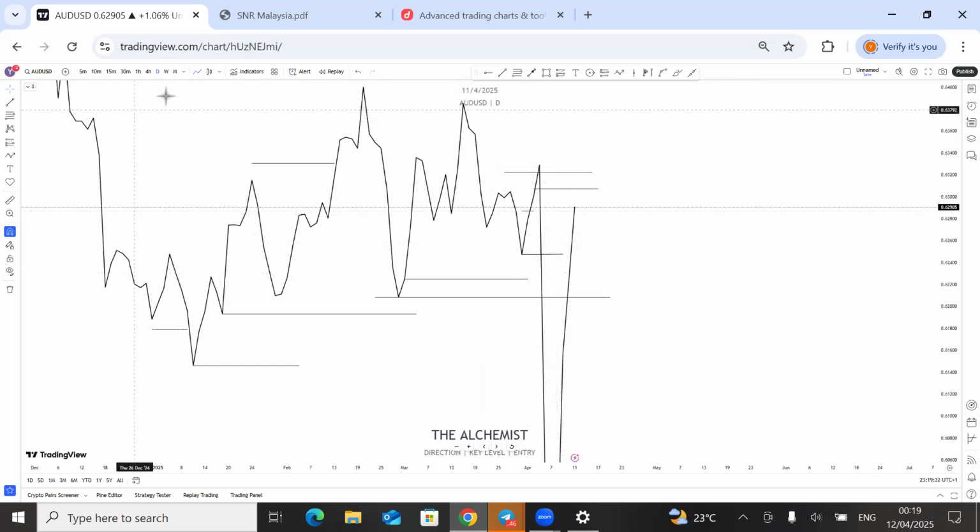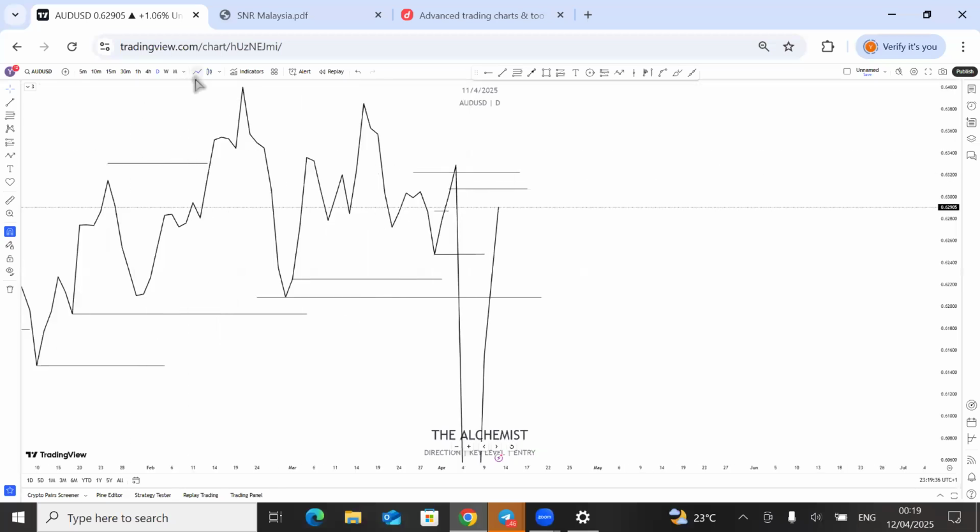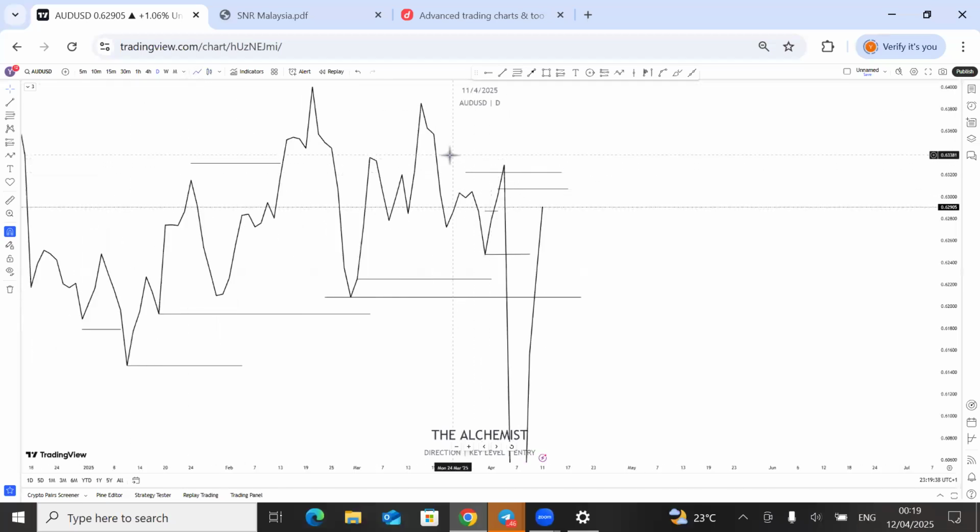I think I had something like this already. So let me take everything out from it. We have this sweep, then we have this break of structure to the downside. So this is protected here.